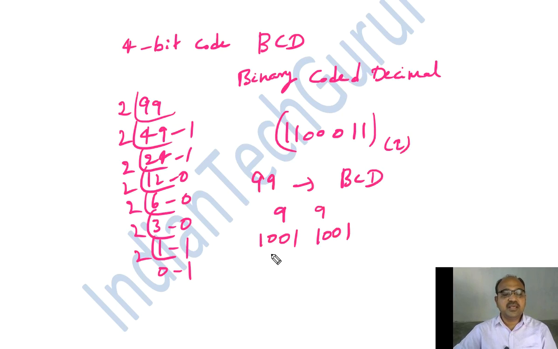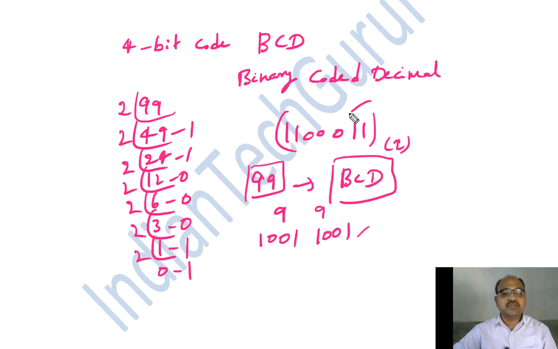So this will be the actual value of 99 in BCD representation, whereas in the binary representation, it will be 11000011. So these two are not equal. They are different. That particular bifurcation you need to know.